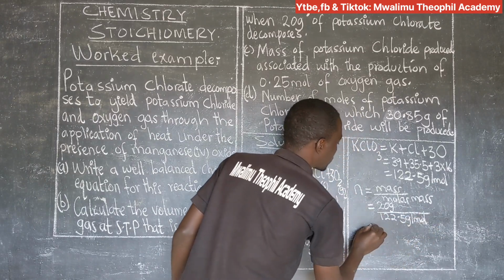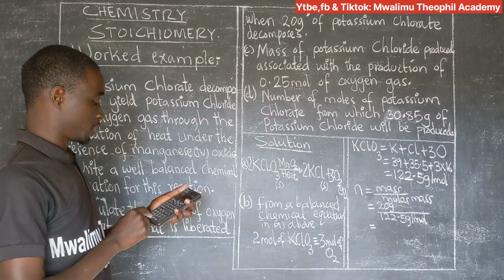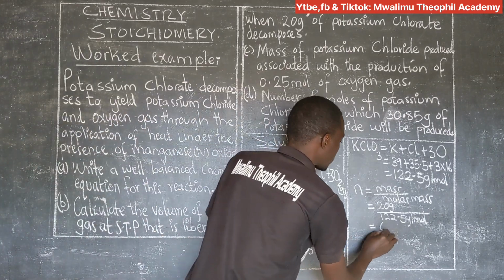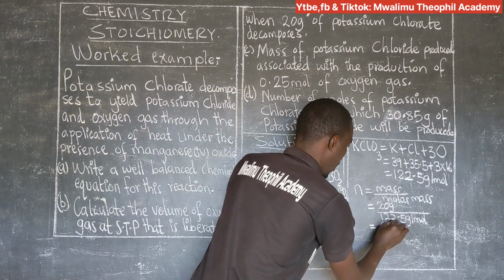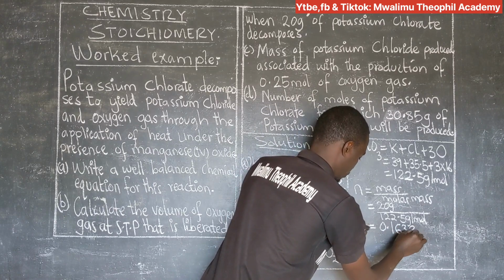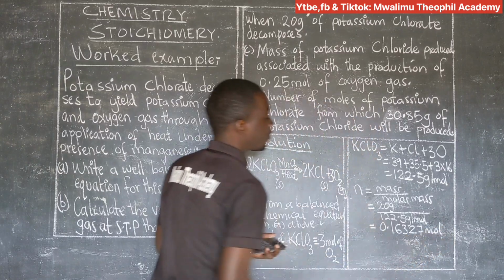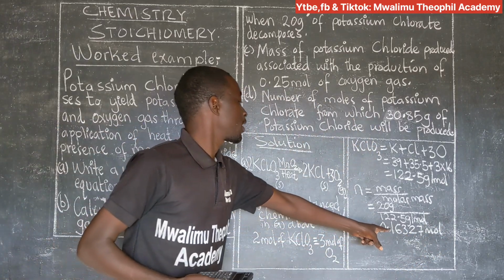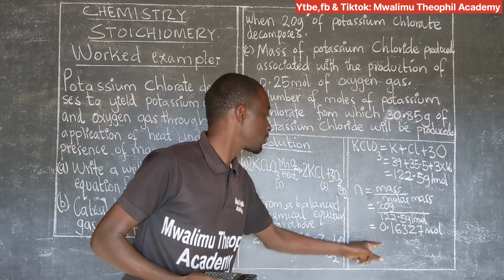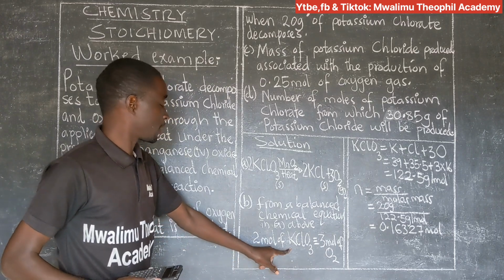When we compute, we get 20 divided by 122.5. The answer is 0.16327 mole. Now, we have already converted the mass of potassium chlorate given, which was 20 grams, into number of moles. Now this one is suitable to be used here.